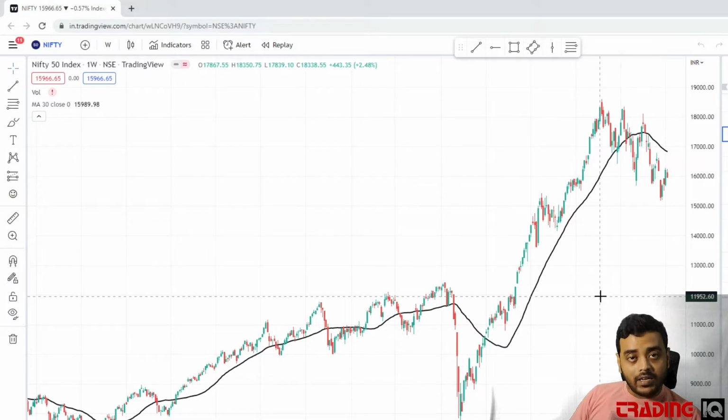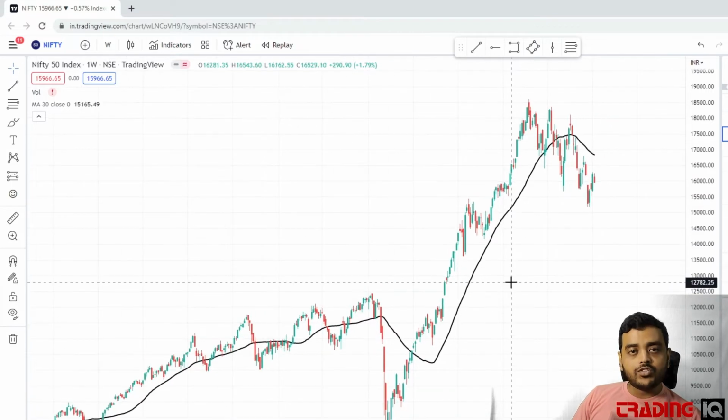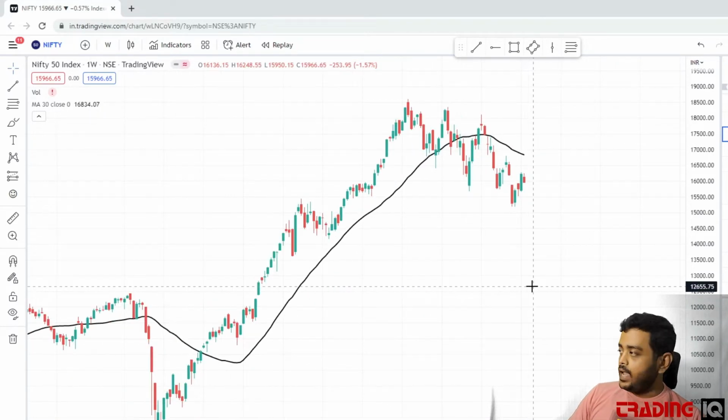So there is a pattern that we can identify from analyzing the technical chart, but there is no guarantee, right? So we would use it for finding information, we would use it for finding momentum, we would use it for finding different indication on whether it's a good time to buy or not, right? So let's see where Nifty 50 is currently at.